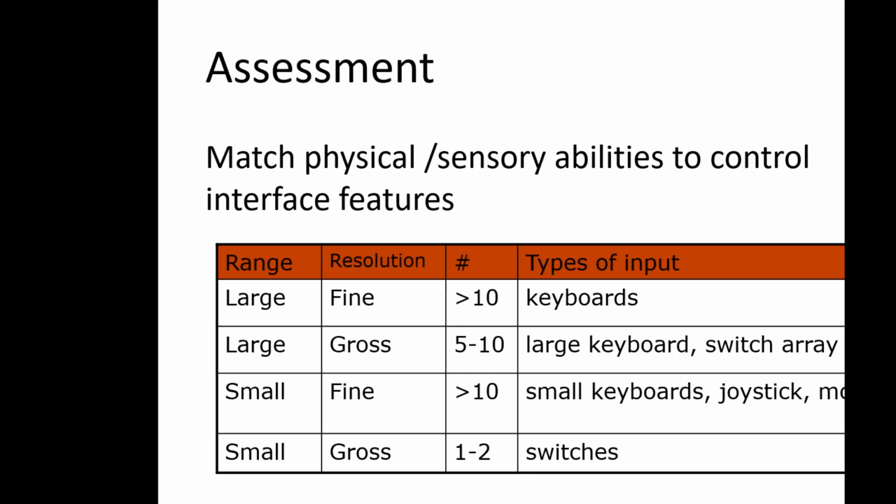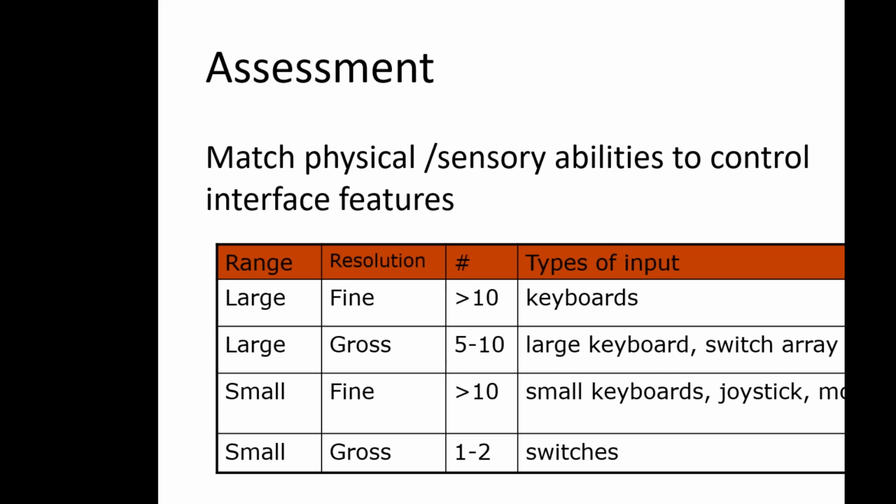If we have a large range of motion and our gross motor is better and we don't have as defined fine motor skills, then what we're probably going to be doing is looking at a larger keyboard, maybe even a switch array, in order to access a computer or maybe an iPad or communication device.